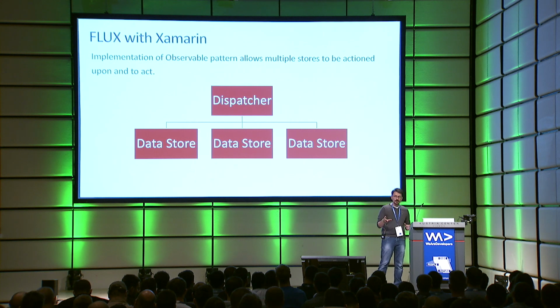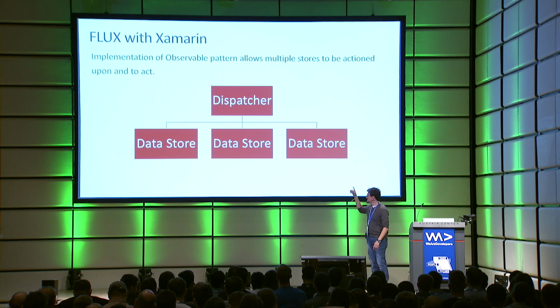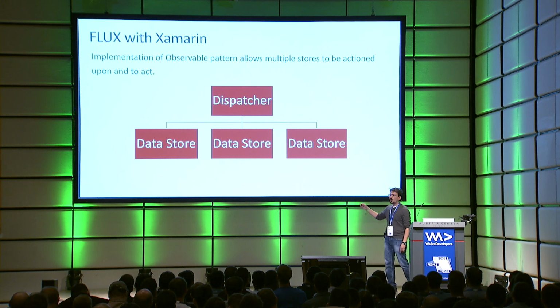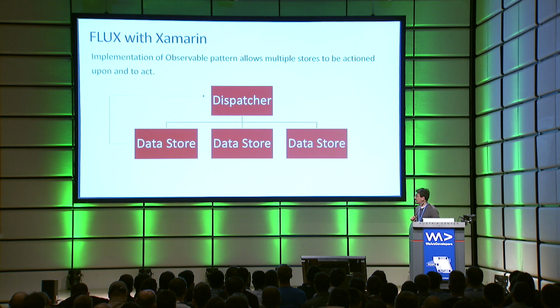So one thing you can do is the user dispatches the profile update. You propagate it to the local data store. You propagate it to the remote data store. Or another approach would be you can actually only propagate it to the data store on the remote server.